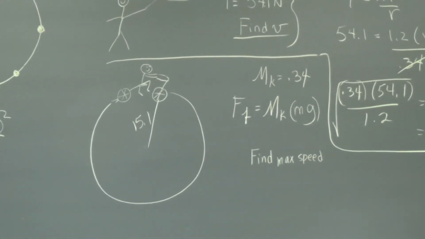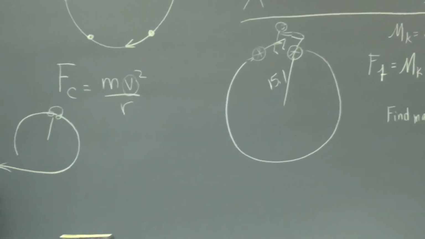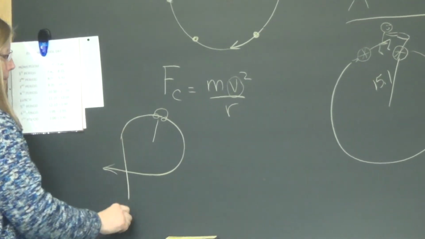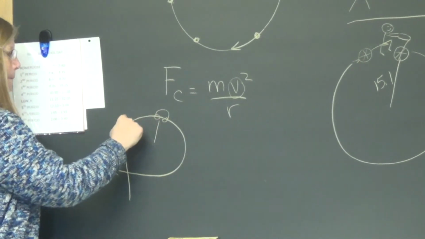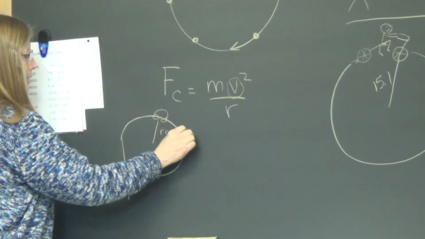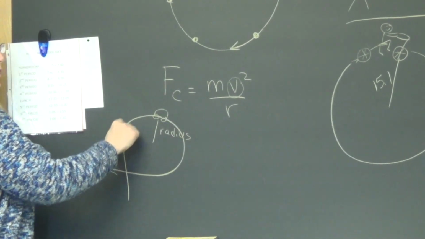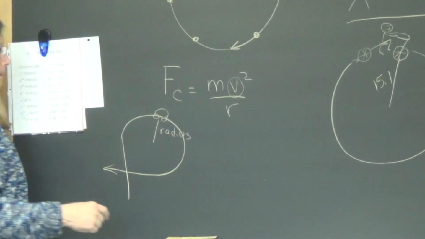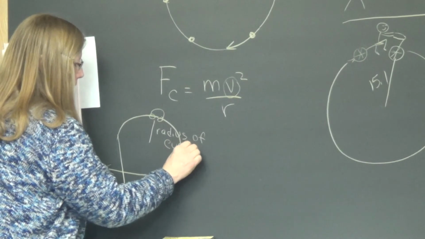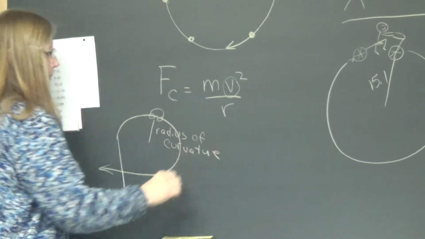So if this was a car, you'll notice your problems won't call this a radius because it's not a true circle. It's going to be part of a circle, so they call it the radius of curvature, just for a portion where it's going on a circular path. So don't let the words radius of curvature surprise you.